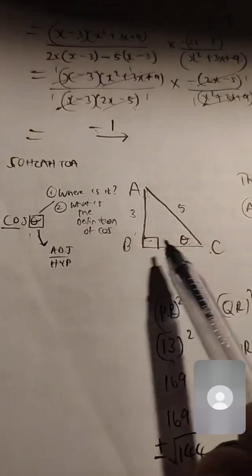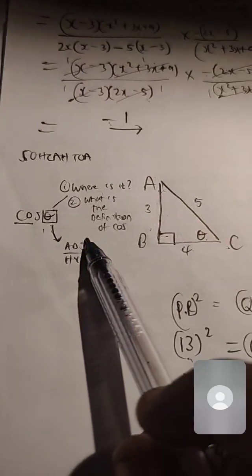What is it here? Adjacent over hypotenuse. You are the one that said that. I didn't say it, right? You said it, didn't you? Yes, sir. So now, according to this angle theta that you identified, which is here, who is adjacent?